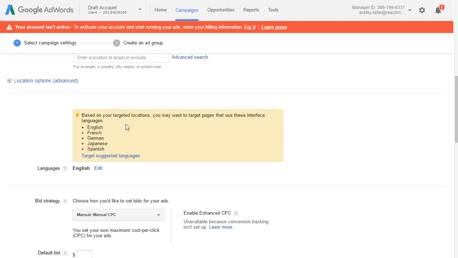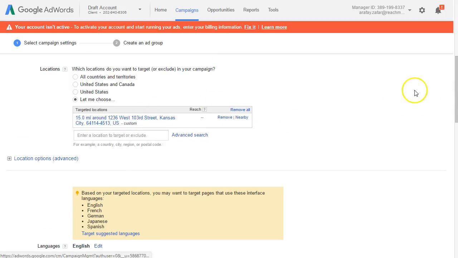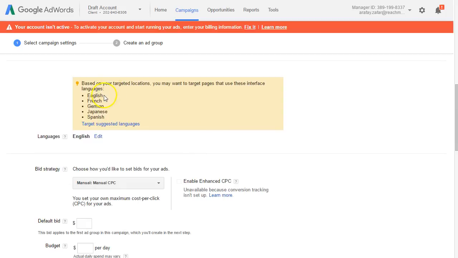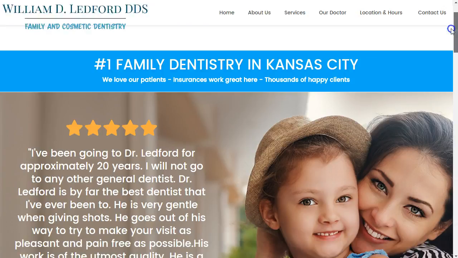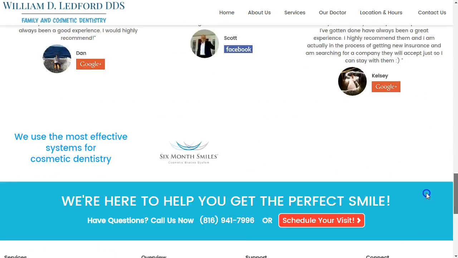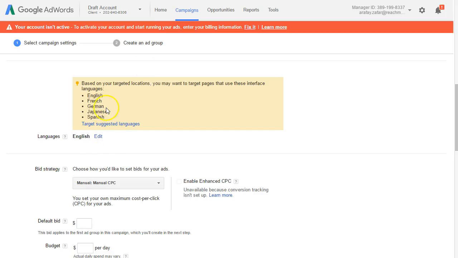And then based on the location targeting area that you just selected, Google has recommended that we target these languages. However, I don't think Dr. William Ledford has Japanese speakers or French, German, Spanish speakers.